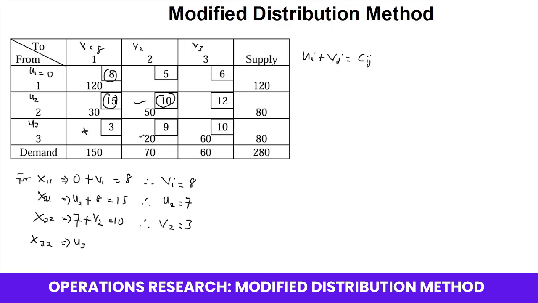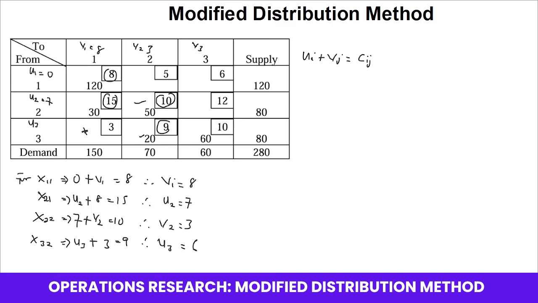So U3 plus V2, which we've already calculated as 3, is equal to this value, 9. Therefore, we have U3 equal to 9 minus 3, that will be 6.